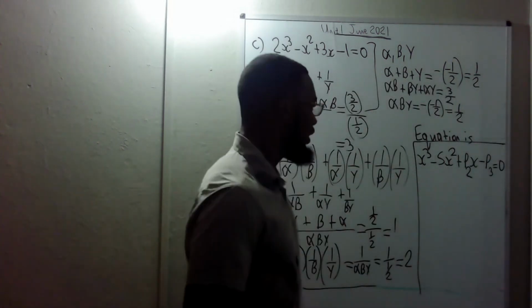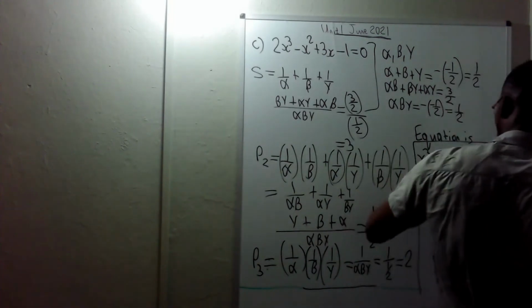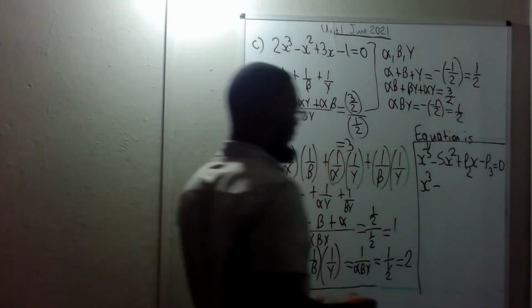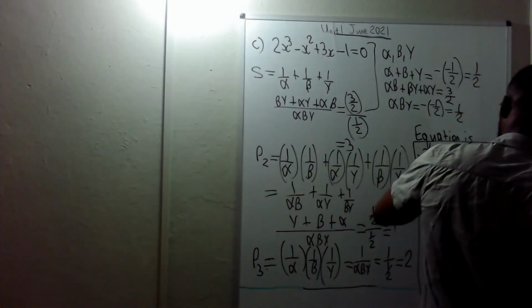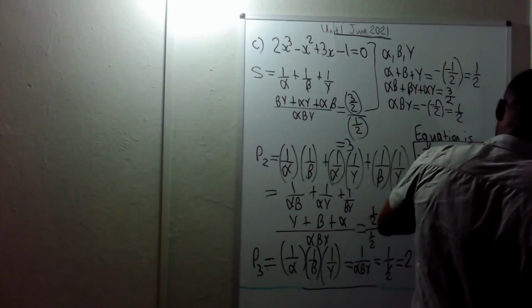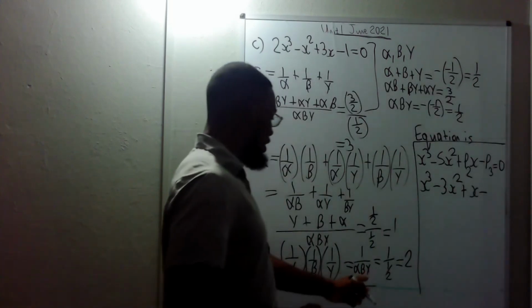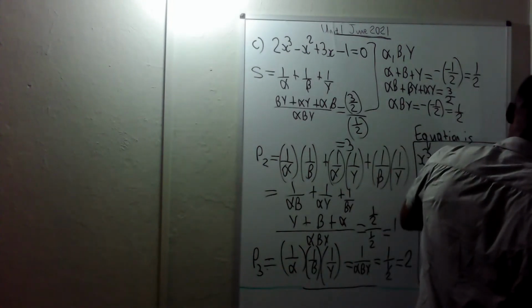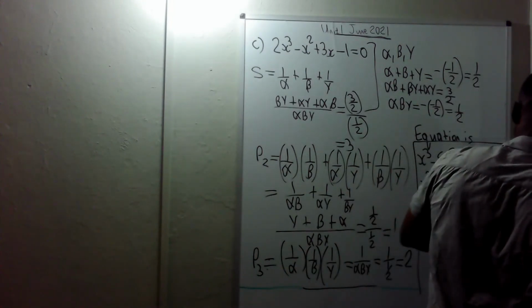That's the equation of a cubic. So it's going to be x cubed minus the sum of the roots, which is 3, times x squared, plus the product of the two roots, which is 1, so plus x, minus the product of the three roots, which is 2, so minus 2 equals 0. That's your answer right there.